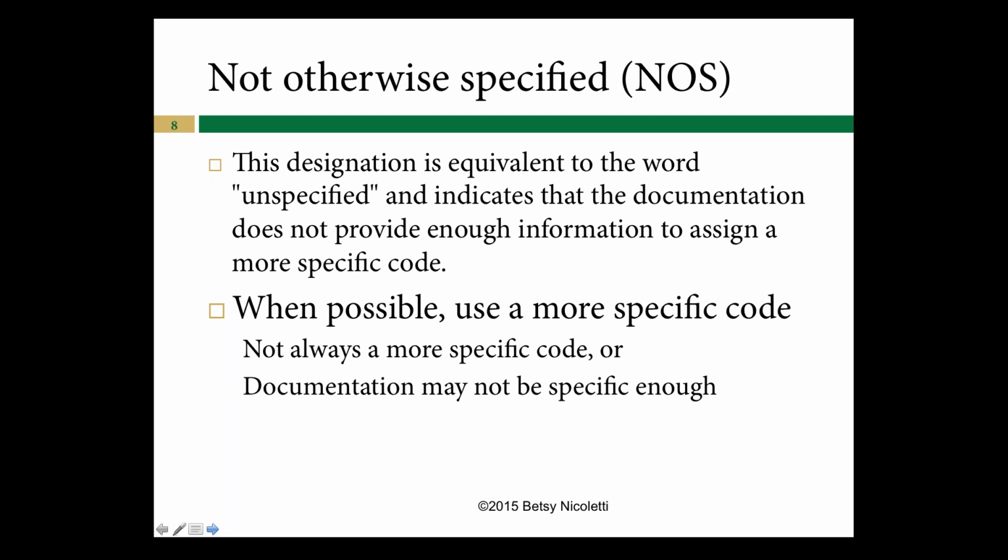I'll give 2 examples here. 465.9, a URI, you probably aren't going to find a more specific code for that if you don't know the exact place in the system that that patient has the upper respiratory infection. So I'm going to call that, even though it's an unspecified code, specific enough to describe a URI.